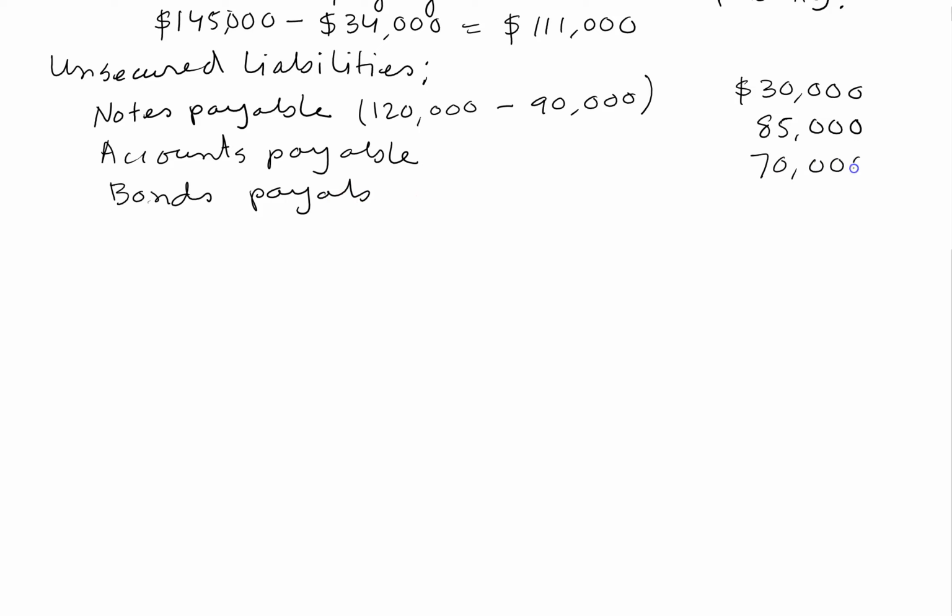What's the total amount of unsecured liability? If you add it, 30 plus 85 plus 70, it's actually $185,000.